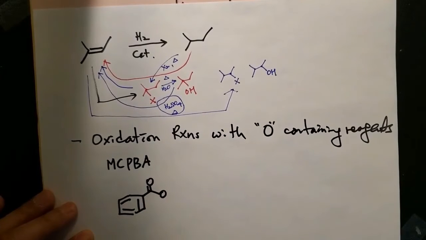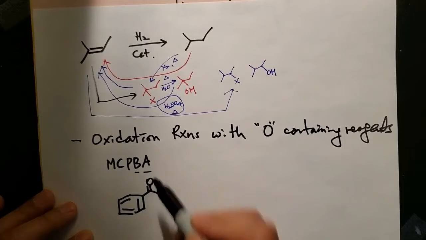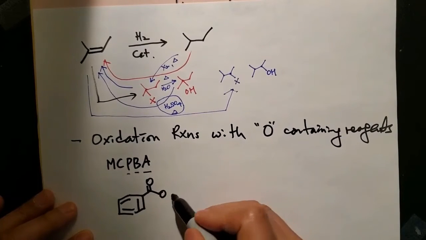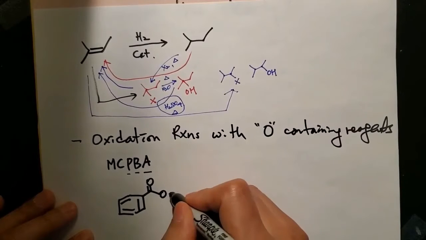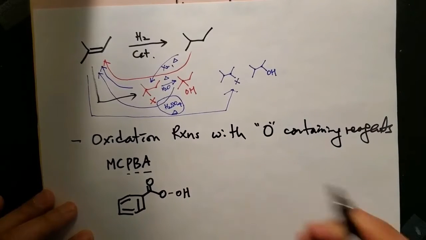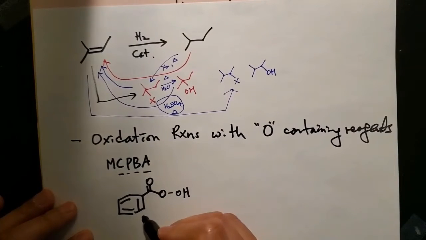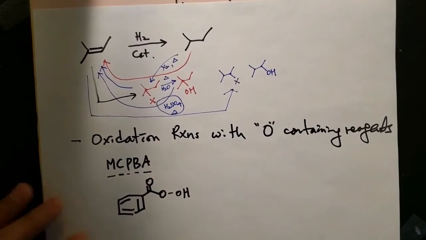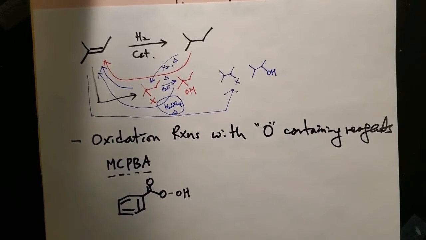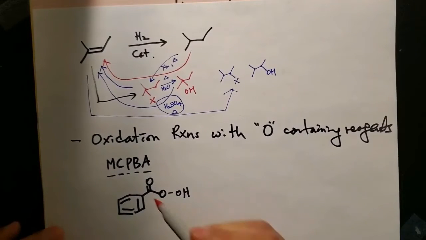This is the benzoic acid. Then the P represents peroxy, so one more oxygen: peroxy benzoic acid. Then you have a chlorine on the meta position. So I should tell you where the meta position is.